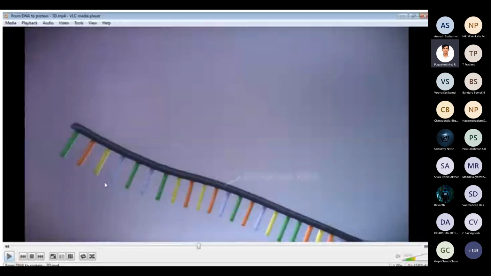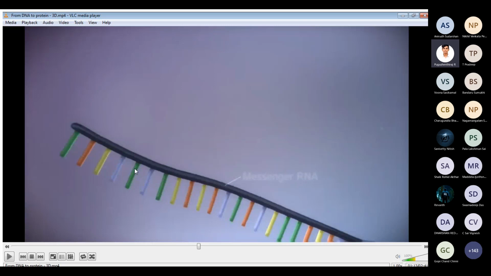See, are you able to understand how this mRNA is getting produced? You had two strands of DNA. When RNA polymerase gets attached to the DNA, it just gets split, and one strand is exactly copied. Copied means what is happening? Suppose A is there in the DNA, what is complementary to A?